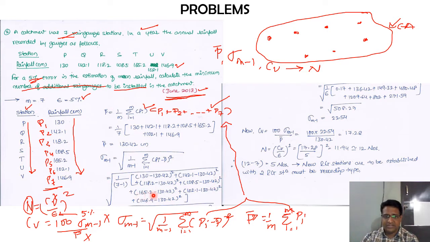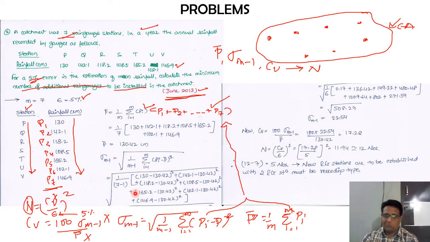Similarly, 165.2 is your P5 minus 130.42, that is your P bar the whole square. Similarly, 102.1 is P6 and 146.9 is P7, so the whole square.